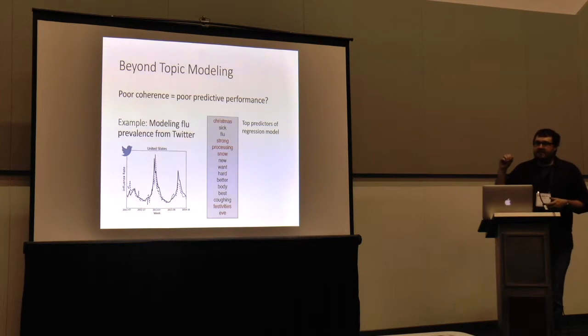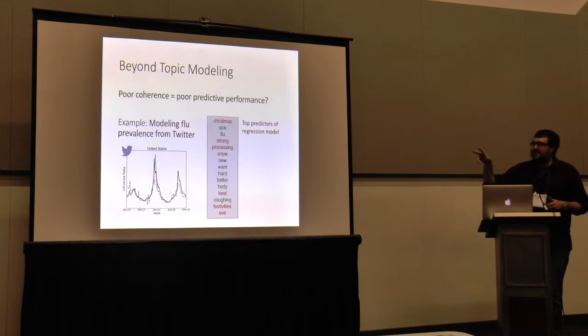And if you just naively plug a bag of words feature representation from tweets into, say, a linear regression model, what you get are these words on the right here, which are the words with the highest parameter values in the regression model. And some of these words make sense, like sick and flu.